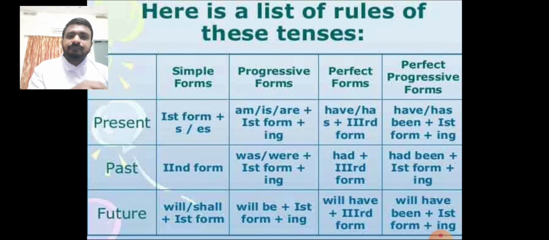You can do one thing: in front of your study table, you can just write these things and stick them there, that these are the main things that you will be studying about the present, past, and future. So in your textbook it is there. Even if you are not writing the examples, there is no problem, but you can write these things on a paper and stick it, and whenever you are in the room, just look at it and study these formulas, because this is the base of English.